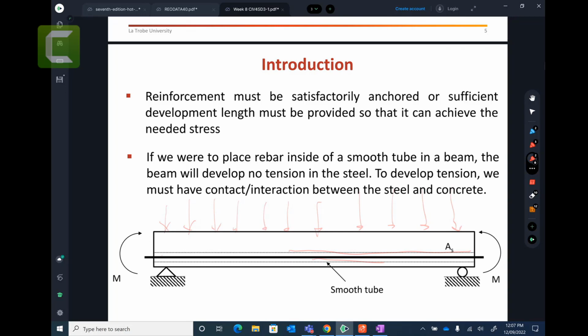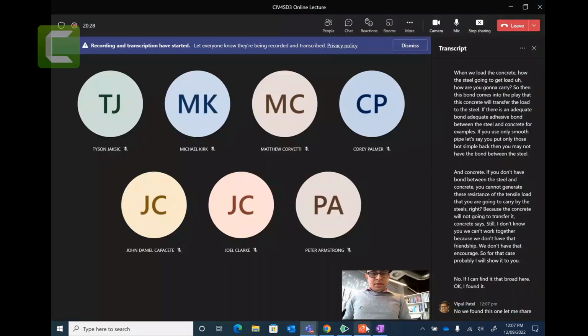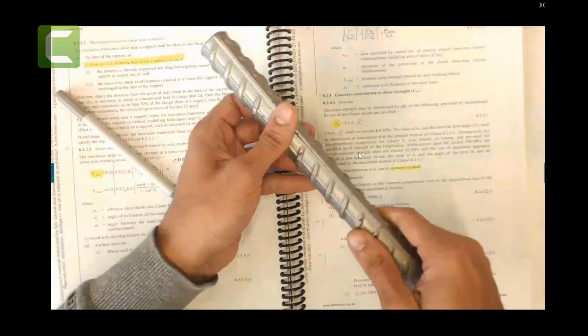For that case, I will show it to you if I can find it. Okay, I found it. Let me share this with you. Here you can see these ribs, right?